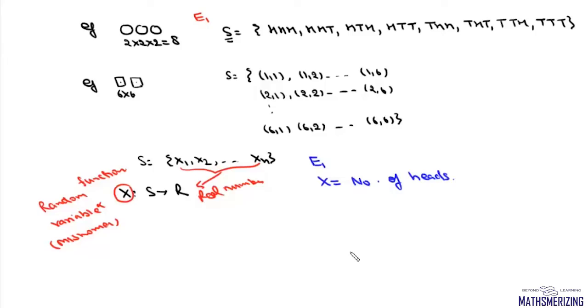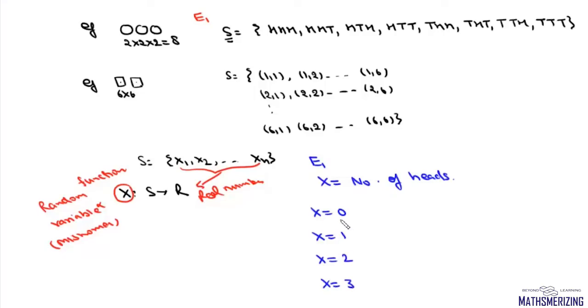Now since we are tossing 3 coins, it can have either 0 heads, 1 head, 2 heads or 3 heads. So in this case, this function X, which we call random variable, will take 4 values. So this X can be 0, which is the case of no head. X could be 1, X could be 2, or X could be 3.